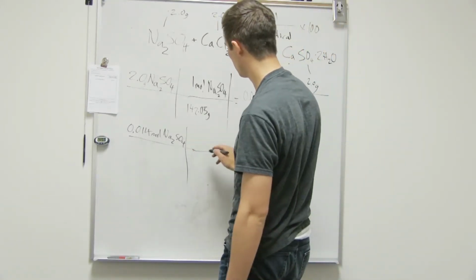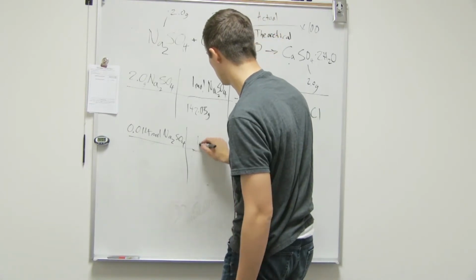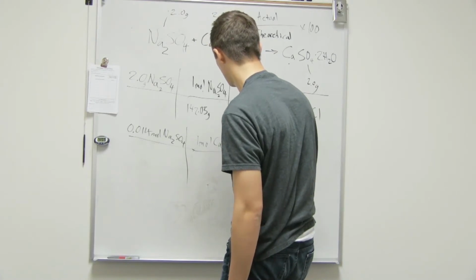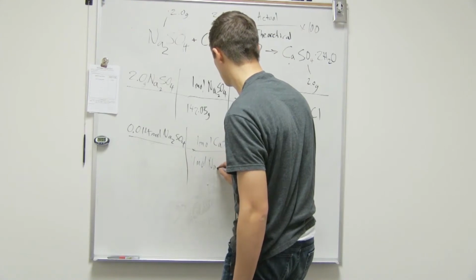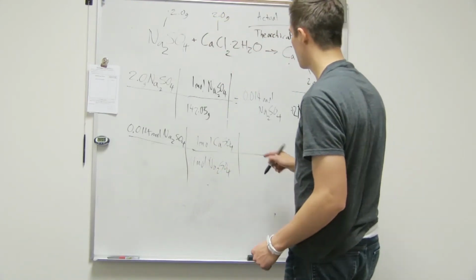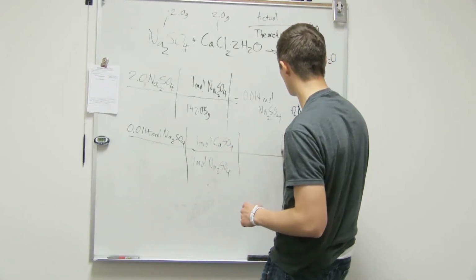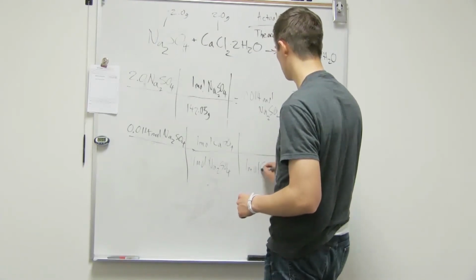So 1 mole of CaSO4 is compared to 1 mole of Na2SO4. Now we want to use the molar ratio, cancel that out, and get to grams.